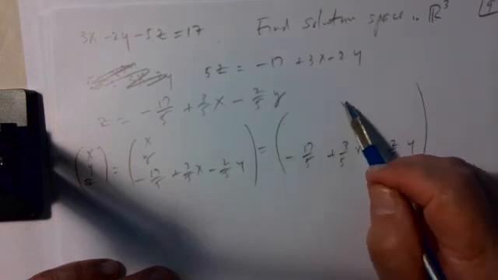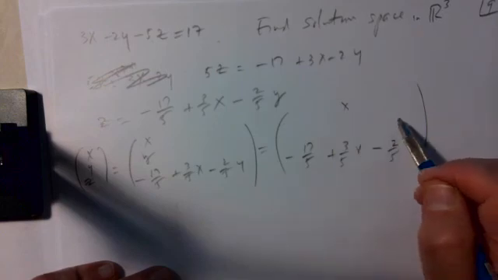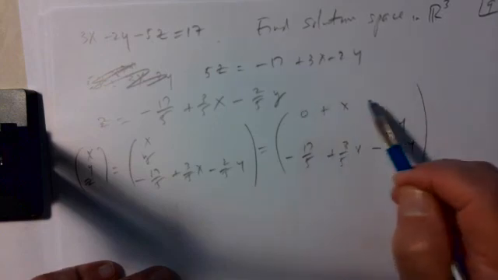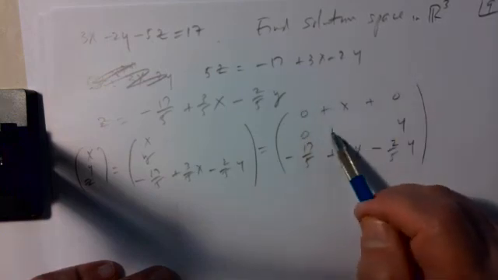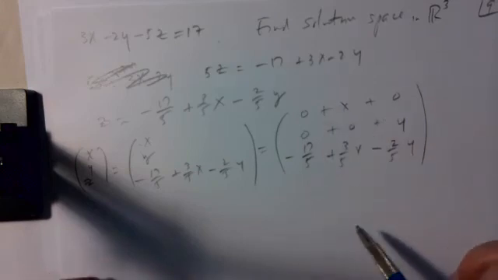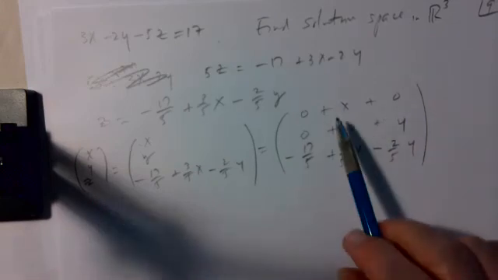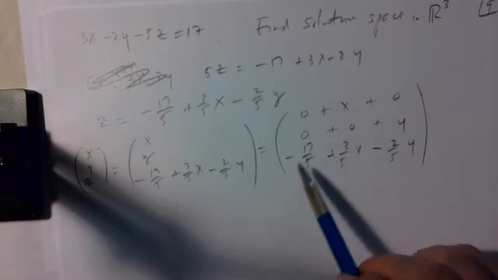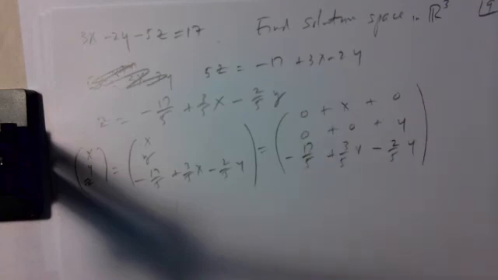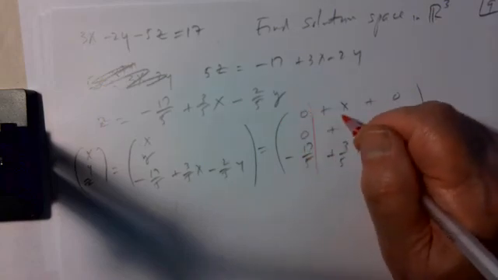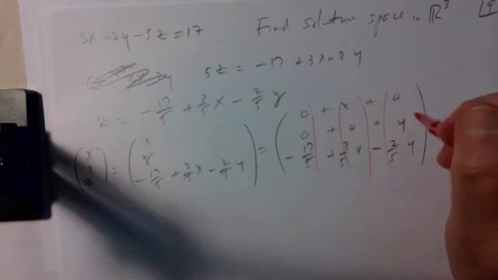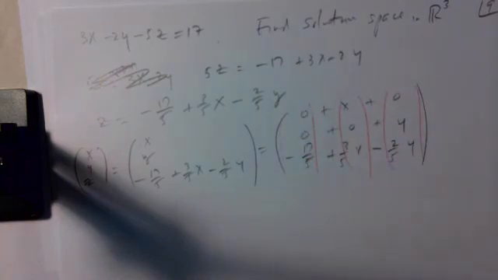Here I have x. Here I have y. So this is like 0 plus x plus 0, and 0 plus 0 plus y. So x, y, z is this vector, but I can see this is really representable as a sum of 3 vectors, right? Just by looking at it like this. So visual observation is important.